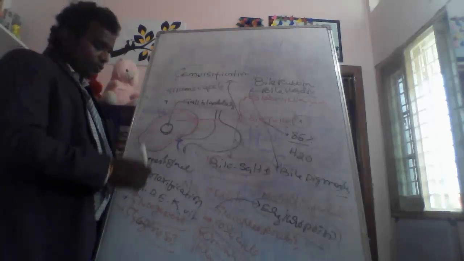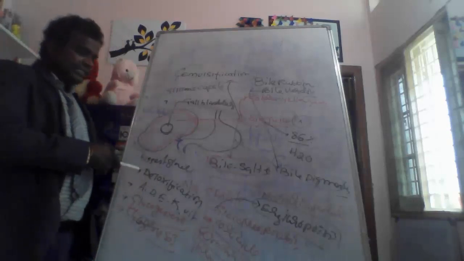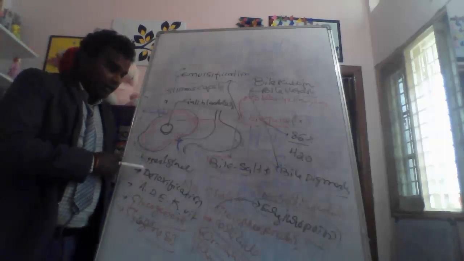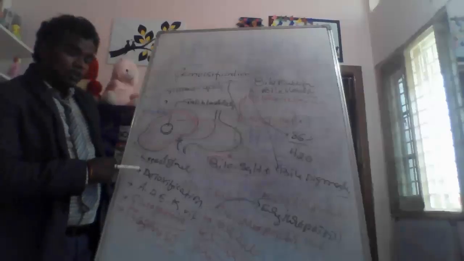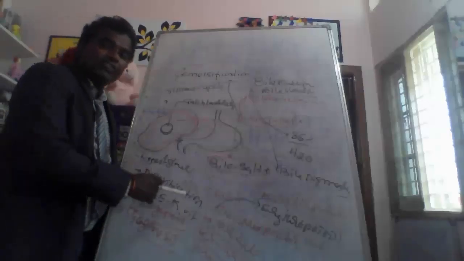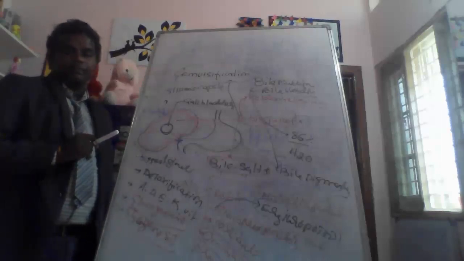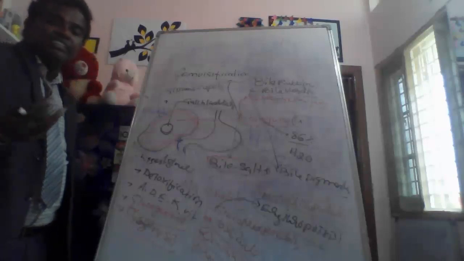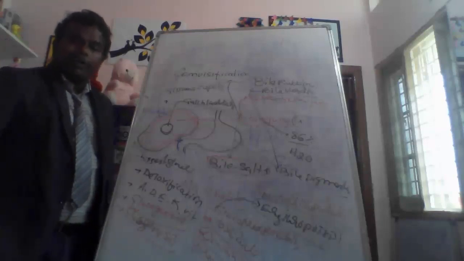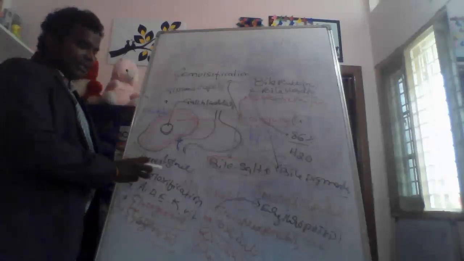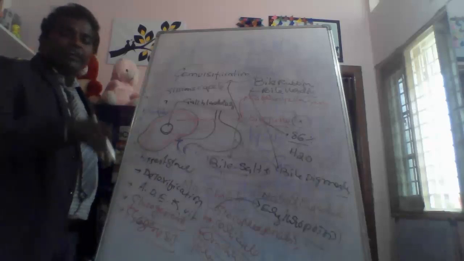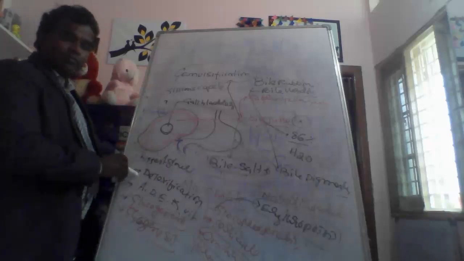Number 1, it is responsible for detoxification. Detoxification, nothing but removing toxins. If we eat any toxic material, that toxic material should be detoxified in your liver, right? That is one of them.